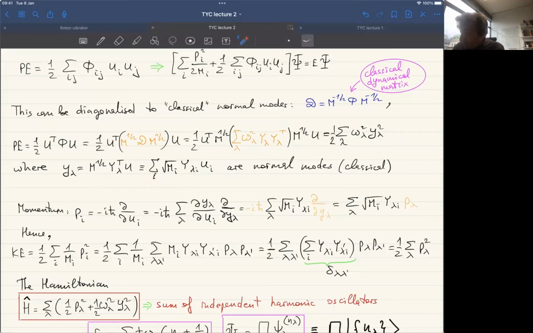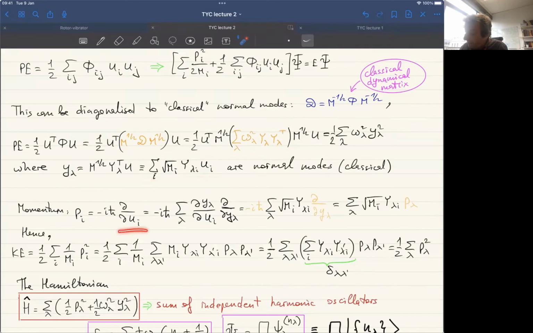The momentum which appears here associated with degree of freedom i is of course given by the quantum mechanical expression like this, where we have this derivative with respect to atomic displacement. But atomic displacements are related to displacements of the normal modes through this linear transformation.